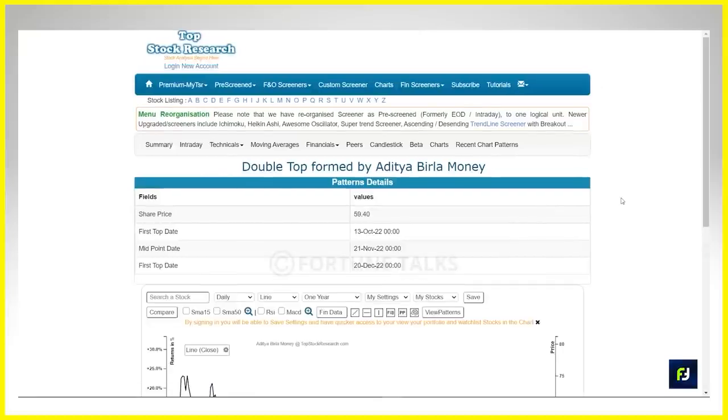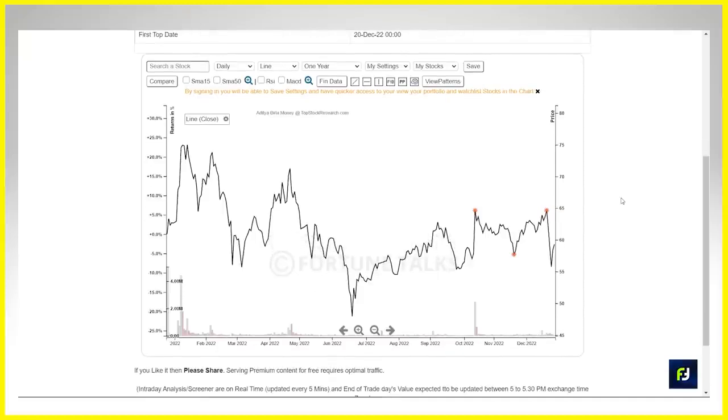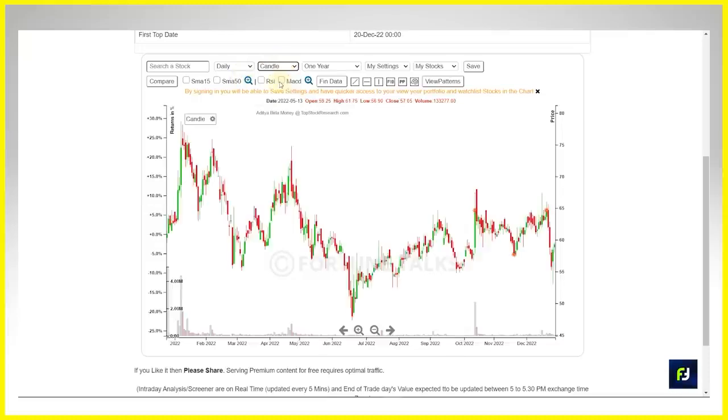Once you click on the icon, it will take you to the chart, which is by default a line chart which shows the pattern's necessary price points with orange stars, which makes it easier to spot. You can change the chart to candlestick by simply selecting from the drop-down menu on top. You even get the option to change the time frames and also the periods under consideration.